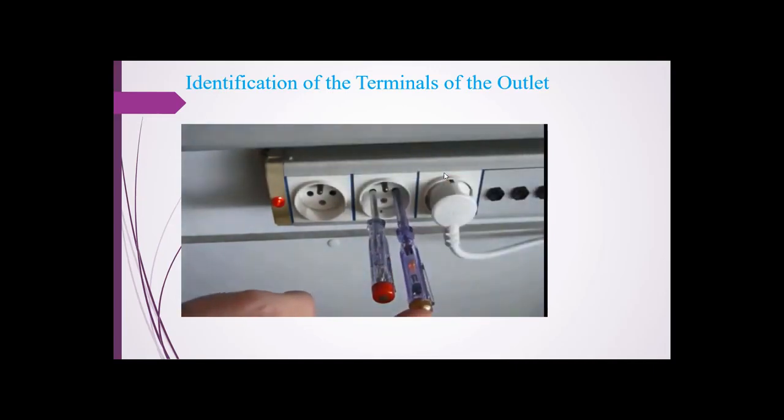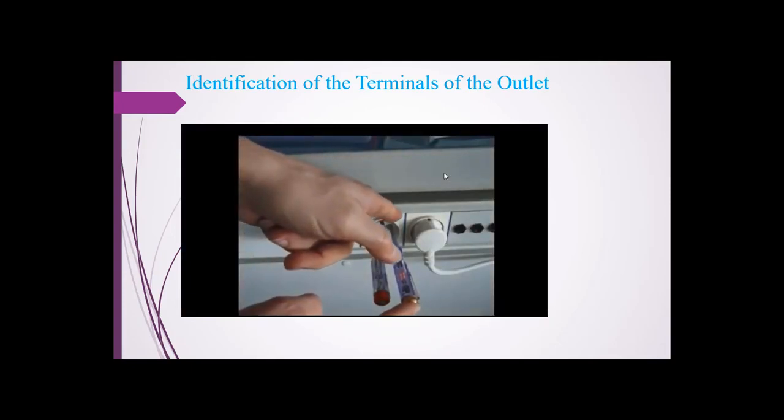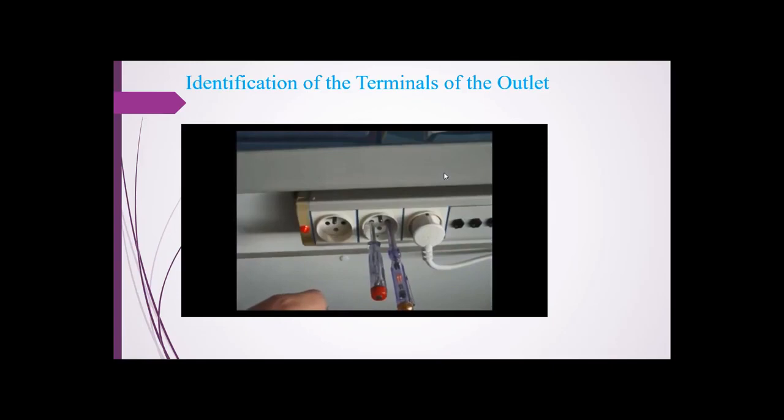Then this terminal is the live terminal. The second tester, the finger is put on the metal cap, but the neon lamp does not glow. This means that the voltage is less than 80 volts. Thus, this is the neutral terminal.